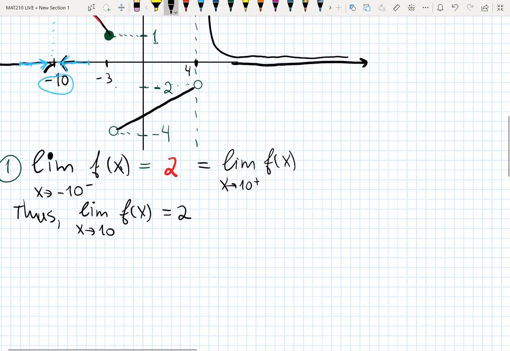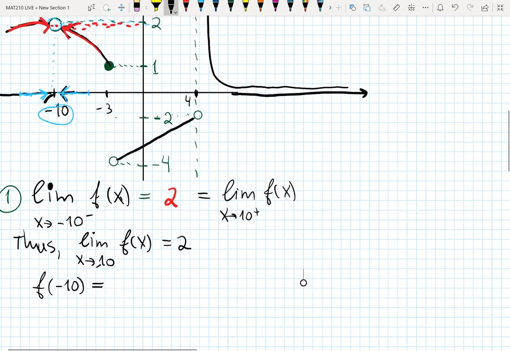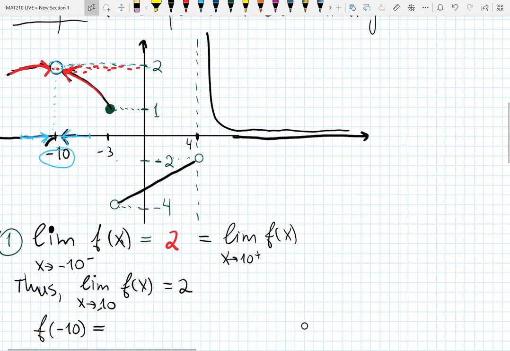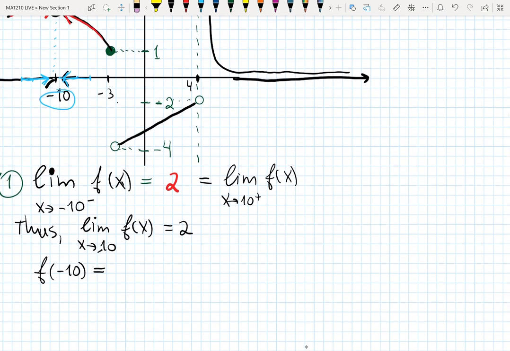But there's a second part of the definition of continuity. I also need to check what is happening at f of -10. If this is 2 as well, then the function is continuous at -10. Let's see what is happening at f of -10. F of -10 is not defined.